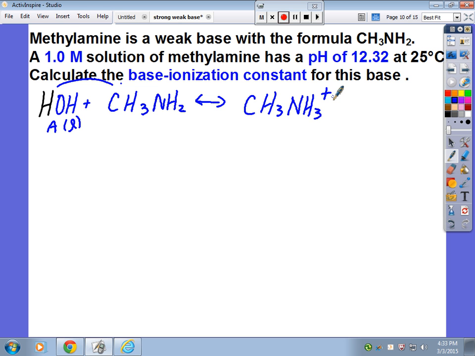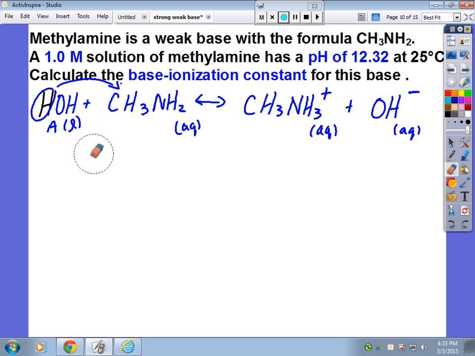It actually catches one of the hydrogen ions and what's left, OH minus, and this is aqueous, aqueous, aqueous. This is throwing a hydrogen ion over here. See that? Now, that's the acid and this is my base. That's why it's called a base.